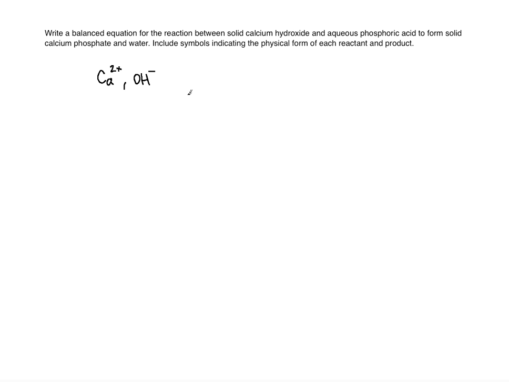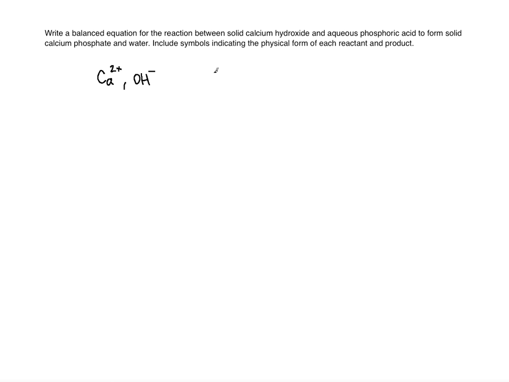In order to have calcium hydroxide, you need 1 calcium ion per every 2 hydroxide ions, because we have to have a net neutral charge for the compound.